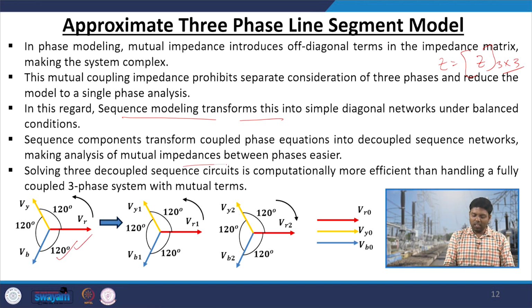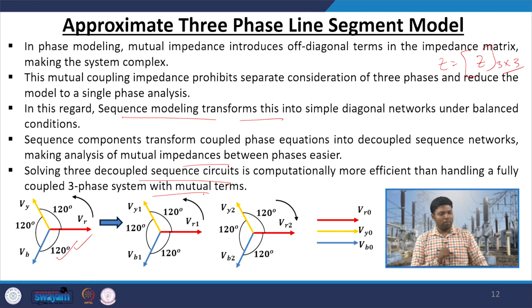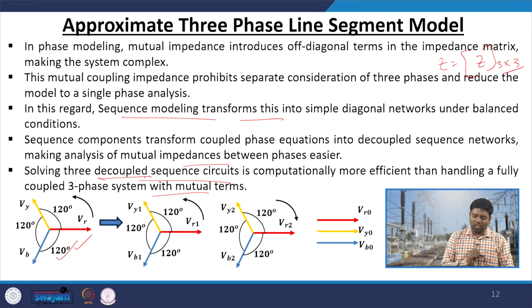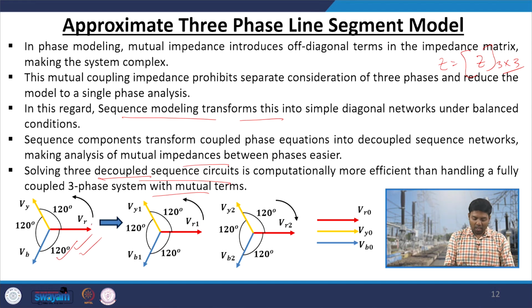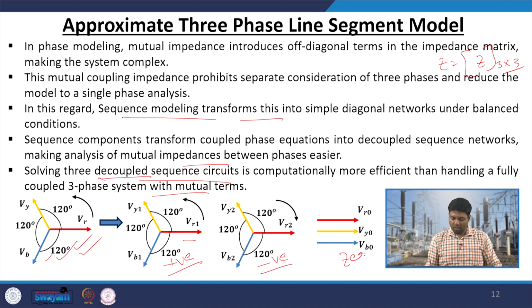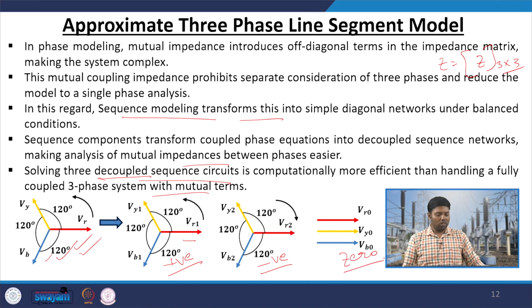We have done it for a simplified version with a balanced system, where you can see we get the decoupled circuit. That means, though you have a mutual coupling, if you give a balanced system, the sequence components will become a decoupled system. So, this is your original one. You can make it a positive sequence, this is your positive sequence, this is your negative sequence, and this is your zero sequence component.